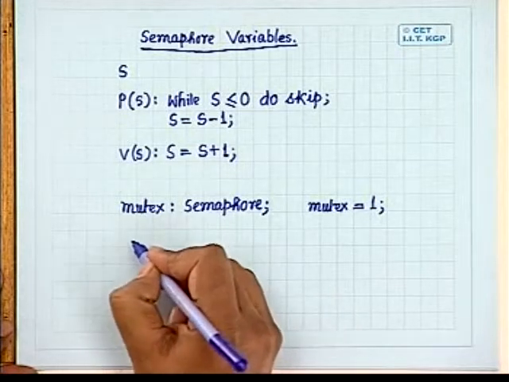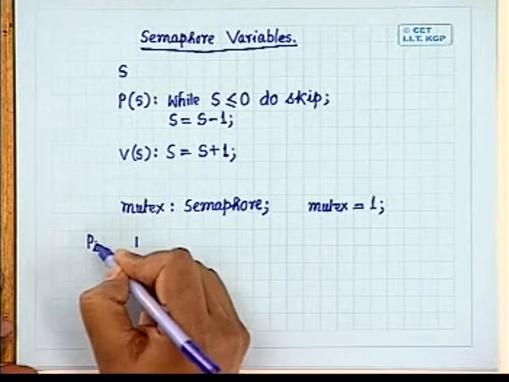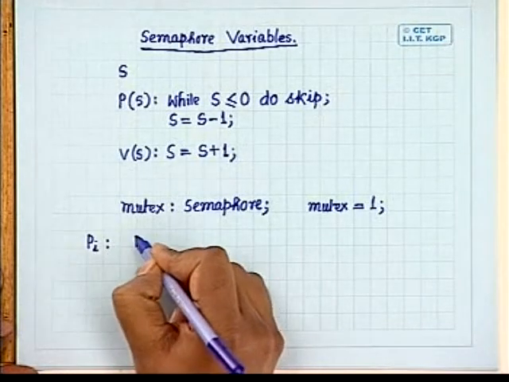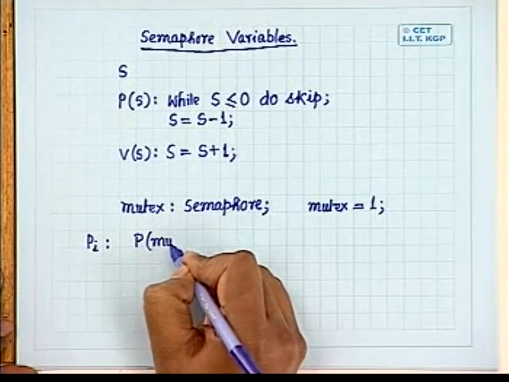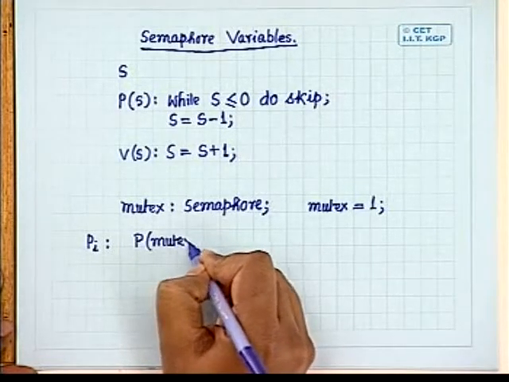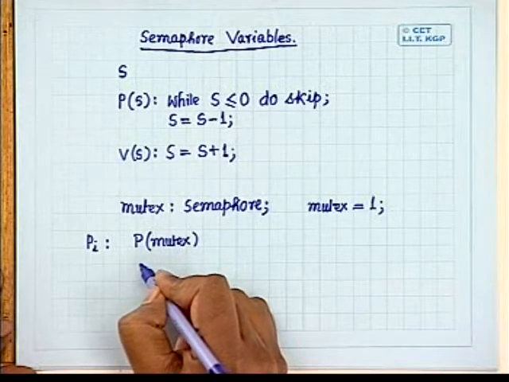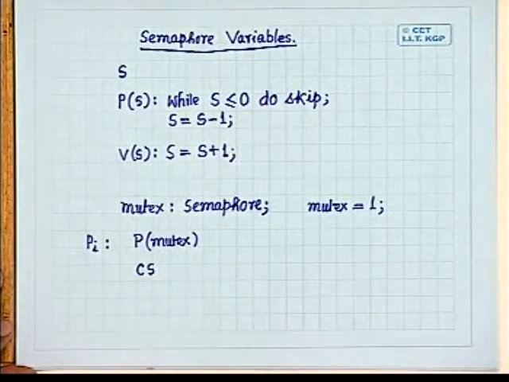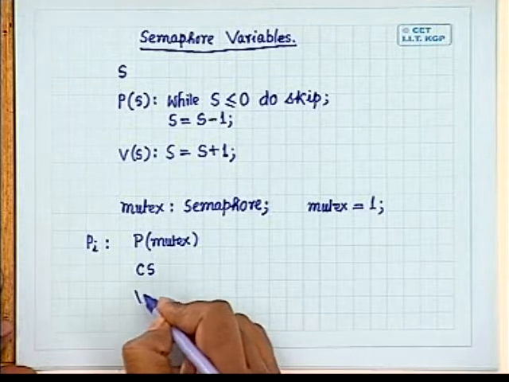First, for every process Pi, the statement will be first you perform P mutex. Only when P mutex is executed successfully, then only you enter the critical section. Okay. And in the exit section, you perform the operation V mutex.